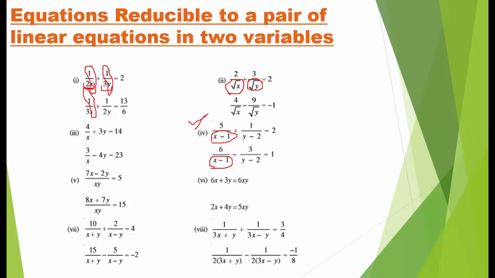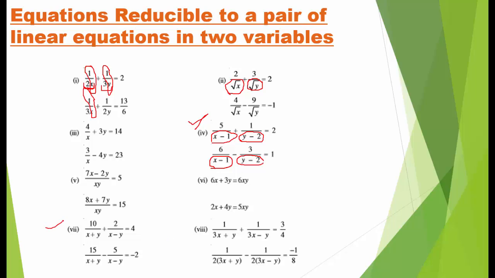If there is x minus 1 in one and x minus 2 in the other, then this cannot be reduced to a linear pair of equations. And the second condition is that y should also be the same. Here this is y minus 2 and here this is also y minus 2.